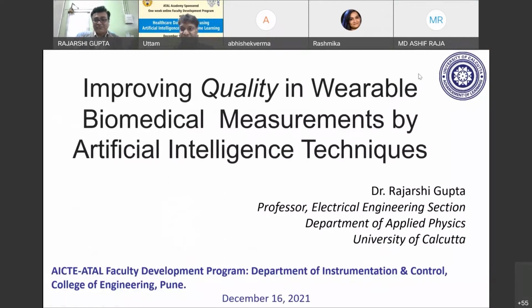So, the title of my deliberation will be Improving Quality in Variable Biomedical Measurements by Artificial Measurement Techniques. Before going to the details, let me tell you that we are now in an era where self-enabled measurements are possible.